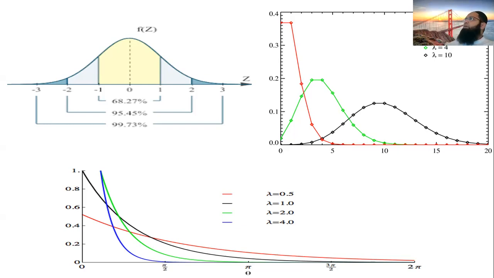So 68% of rows should lie within 1 step of the mean, meaning their value deviates from the mean by just 1 step, very close to the mean in fact. And 95% of data should lie within 2 steps, and almost all the data should lie within 3 steps.